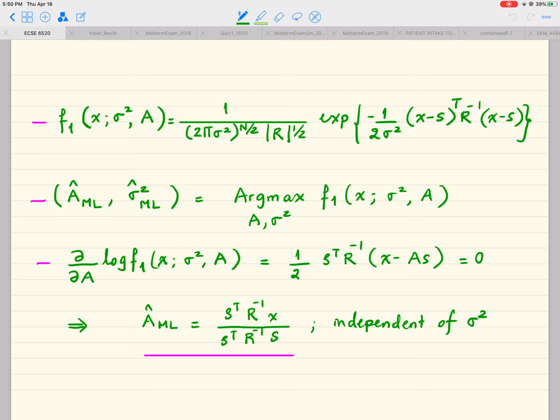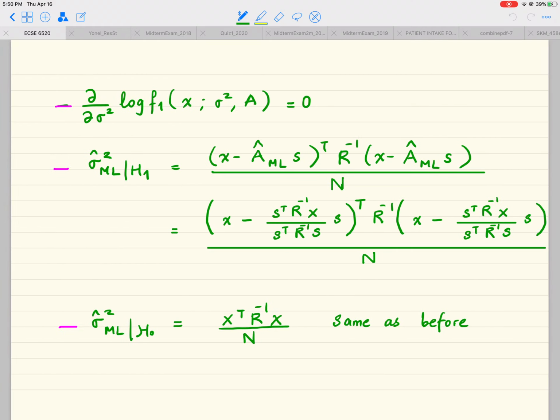Now looking at this, we see that it is independent of sigma square. We don't see sigma square, but obviously the test statistic under H sub 0 depends on sigma square.